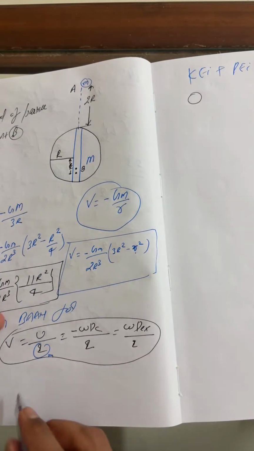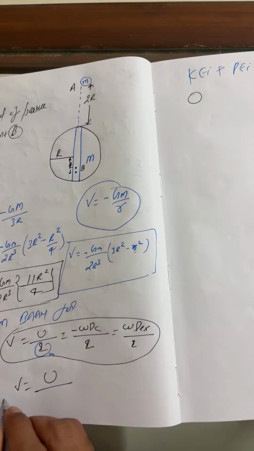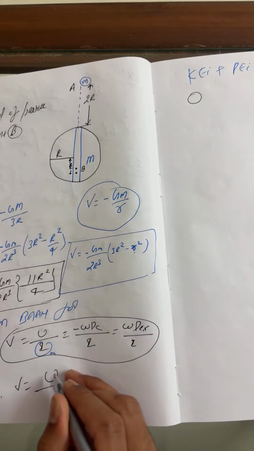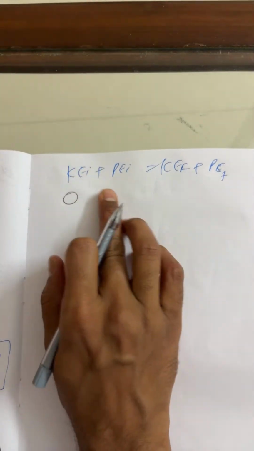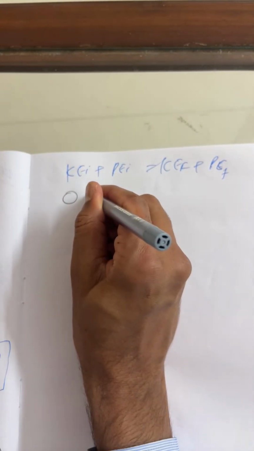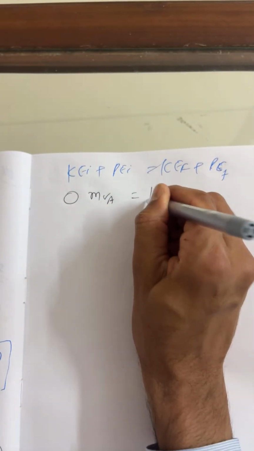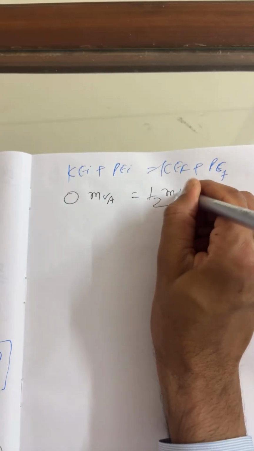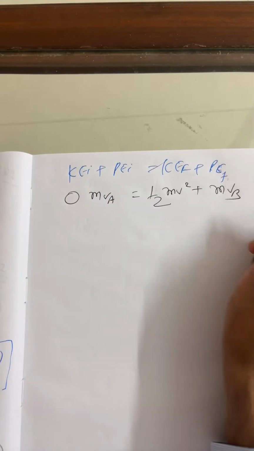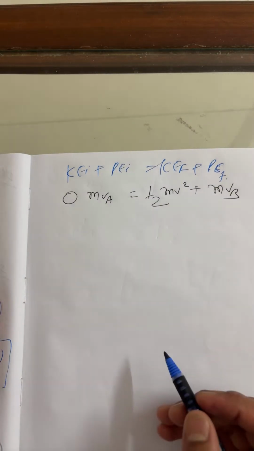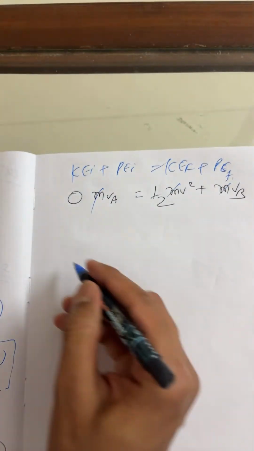So just use this formula: gravitational potential is gravitational potential energy per unit mass. So M into V_A equals half mv square plus M into the gravitational potential at point B. Remember, V_A and V_B are both negative. M cancels everywhere.